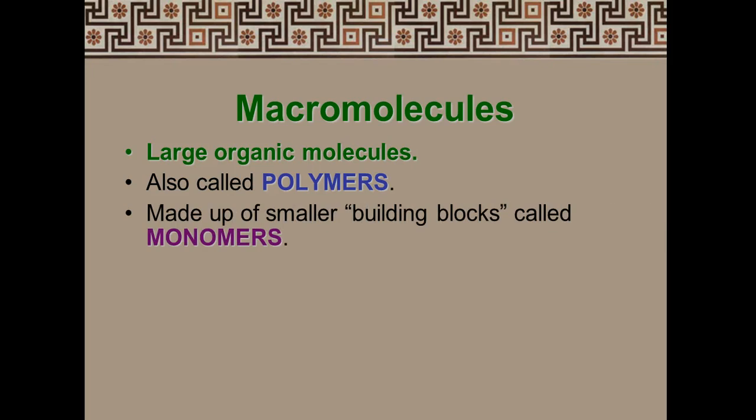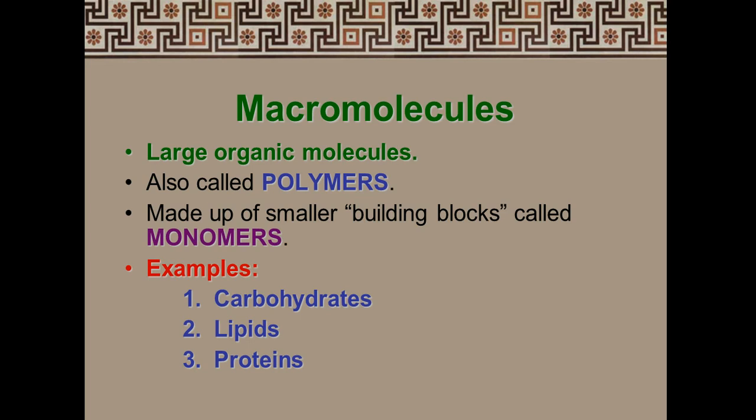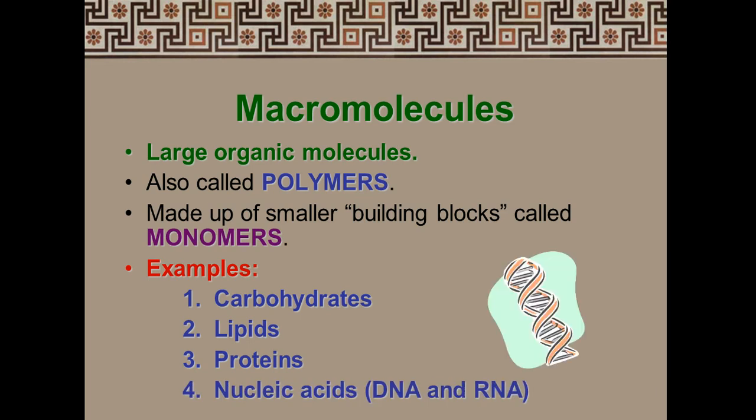Macromolecules. Okay, so like I said before, they're large organic molecules. They're also called polymers, and they're made up of smaller building blocks called monomers. And our four examples of this are carbohydrates, lipids, proteins, and nucleic acids.